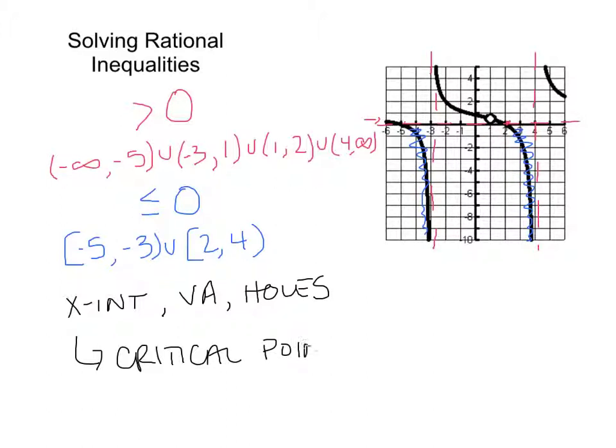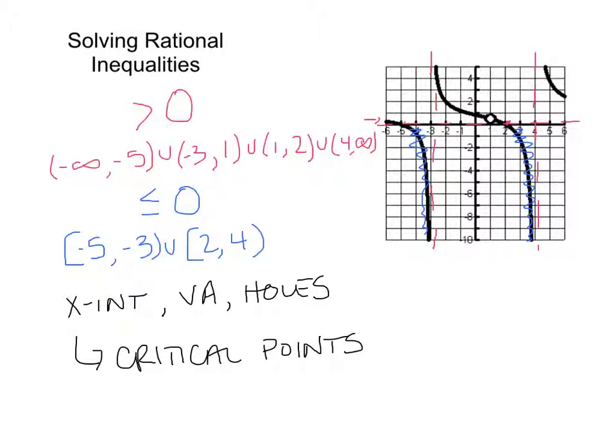If you remember graphing or solving quadratic inequalities, we use the critical values there too. In quadratics, our critical values were just the x-intercepts. Here, there's a couple other things we need to consider that affect the behavior of the graph or affect the sign of the graph. Those are the vertical asymptotes and the holes.